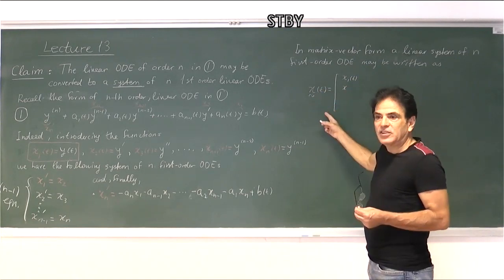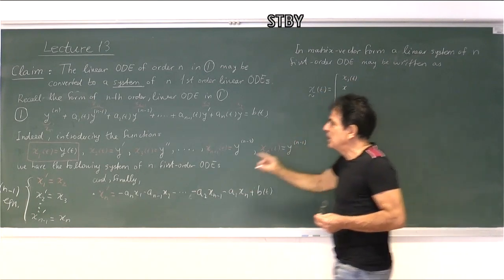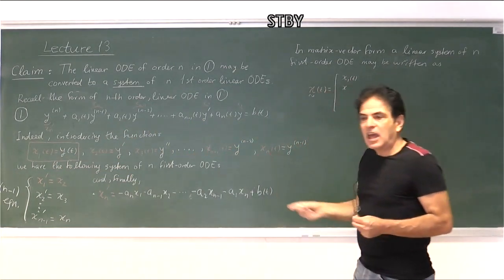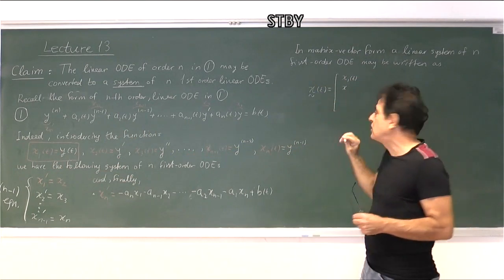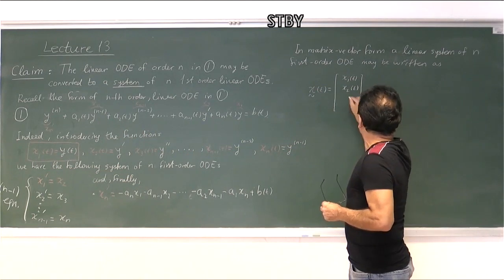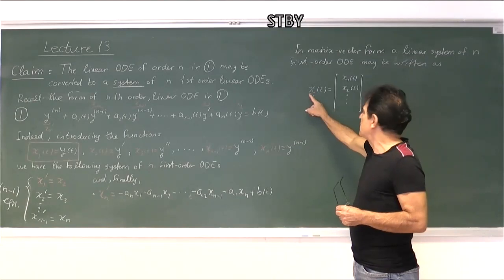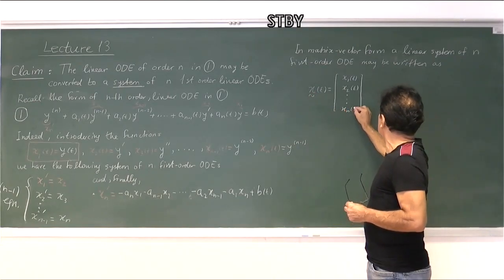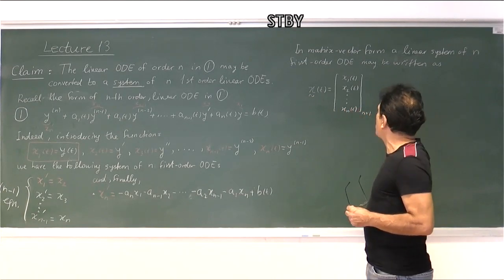This is an n vector, okay? A vector function with n component functions. So these functions x1, x2, xn are considered as the components of the vector function, as we did previously. So by this vector function x tilde, we denote this vector function of order n.